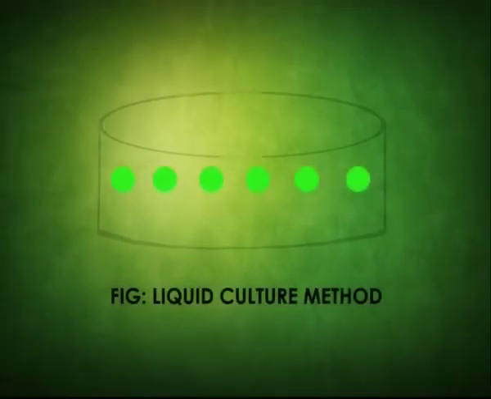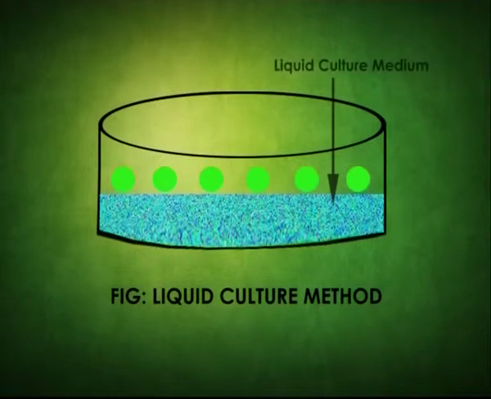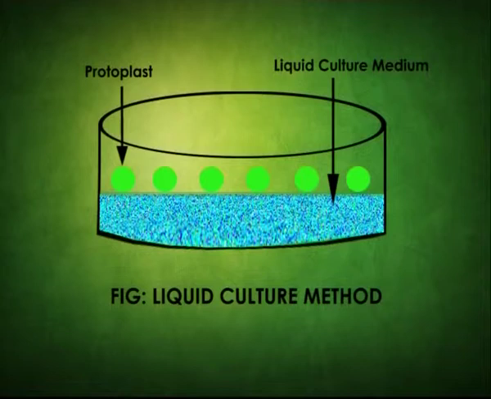The protoplasts are suspended in liquid culture medium at required plating density and dispensed into appropriately sized petri dishes. The cultures are sealed with gas permeable tape and incubated in growth room at about 25 degrees Celsius under low intensity illumination.